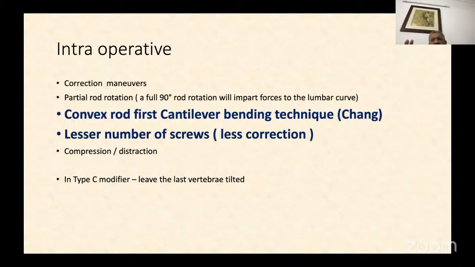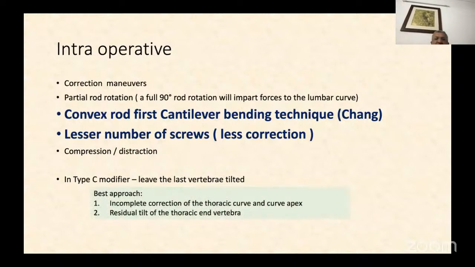There are various correction maneuvers. For me, the convex rod first cantilever bending is what I would prefer, number one. I use a lesser number of screws so that I do a lesser degree of correction. And in a type C modifier, always leave the last vertebra a bit tilted.